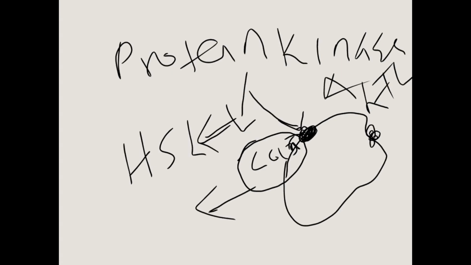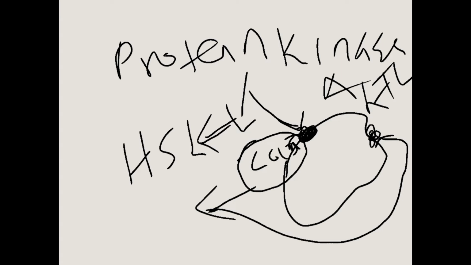So now since we separated, it will leave it. Then this CGI58 will activate adipose triglyceride lipase on the surface of this lipid droplet. So when it activates this adipose triglyceride lipase, remember I told you it's the CGI58 that activates it.